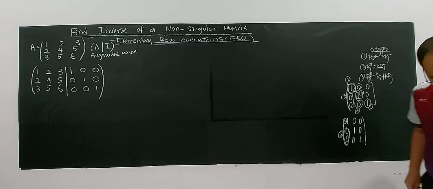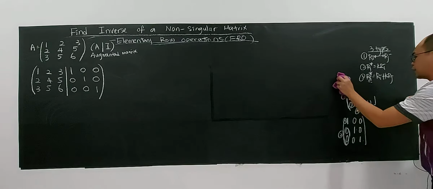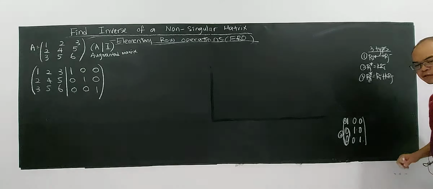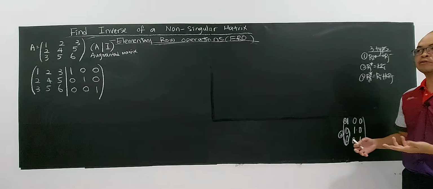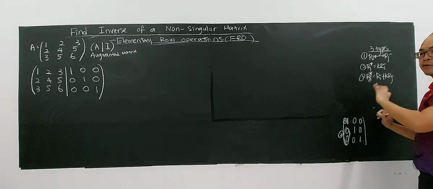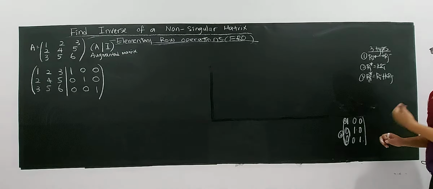Now I have to tell you which location I'm going to use this operation. Mr. Tan has to tell you there are many ways of using these elementary operations. There are no fixed rules, but I try to introduce a rule such that this is more systematic, okay?